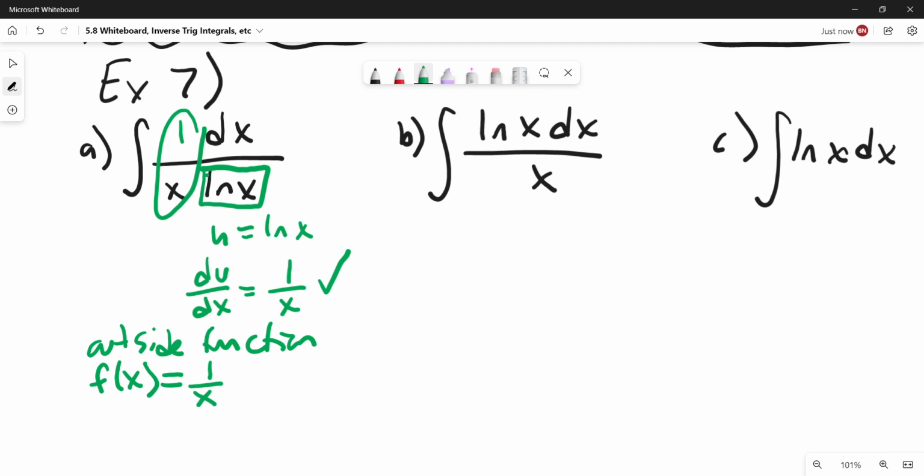So 1 over x is the same thing as x to the negative 1, but we're going to be taking the antiderivative of this. The antiderivative of 1 over x is not a power rule thing. In case you get confused by that, if you tried to do a power rule on x to the negative 1, you would add 1 to the power, so it'd be x to the 0.